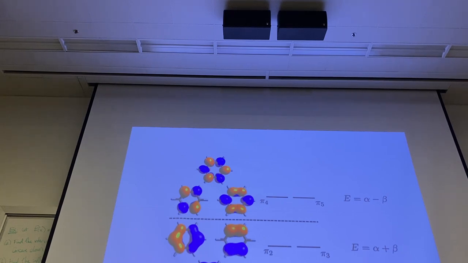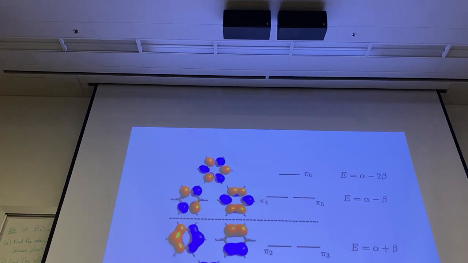These are pi4 and pi5. The energies that they have are alpha minus beta. Remember, beta is negative, so if you add a negative number with a negative sign in front of it, you add energy to the mix, therefore you go up in energy. And then finally, the most anti-bonding orbital is alpha minus 2 beta.